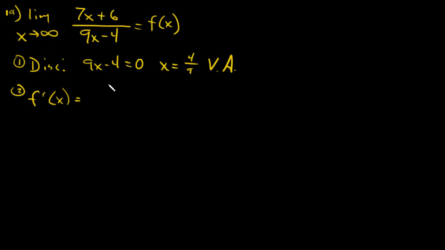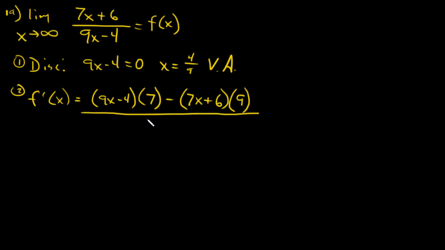Well, f prime of x, this is a quotient, so it's going to be the bottom, 9x minus 4, times derivative of the top, which is going to be what? 7, minus the top, 7x plus 6, times derivative of the bottom, 9, and then all of that over the bottom squared. So 9x minus 4 quantity squared. Well, that's going to give me 63x minus 36 minus 63x plus 54. Okay? So that looks good to me.